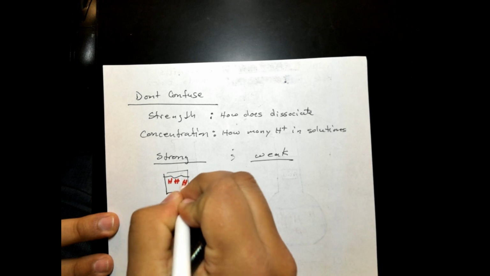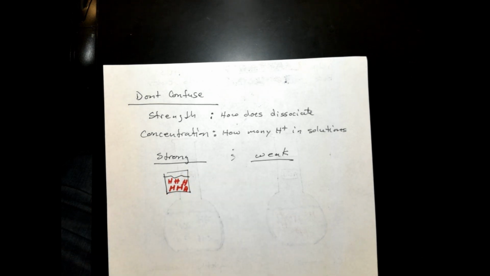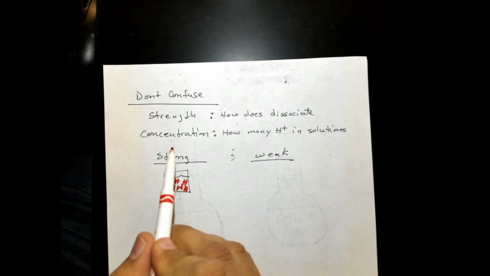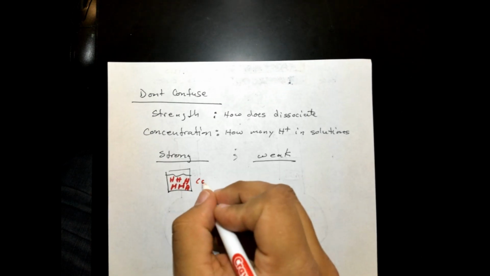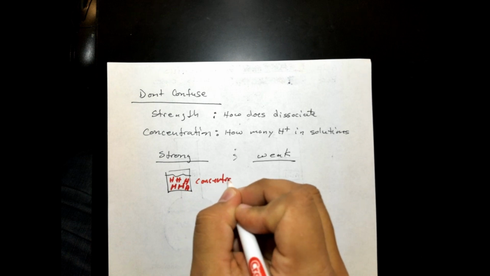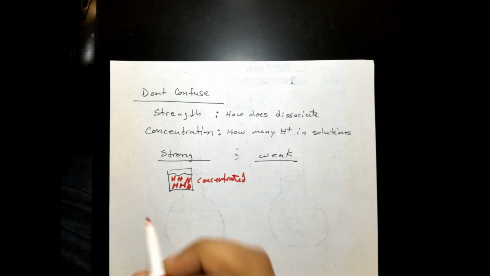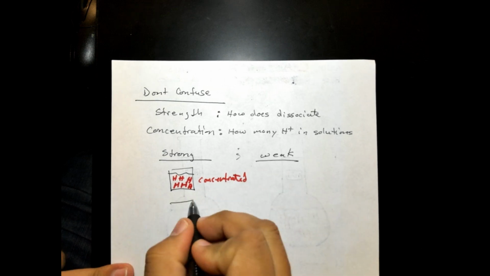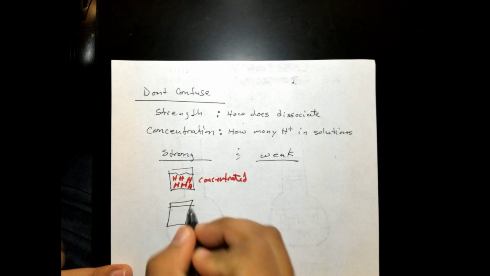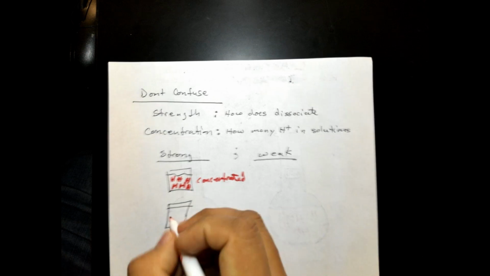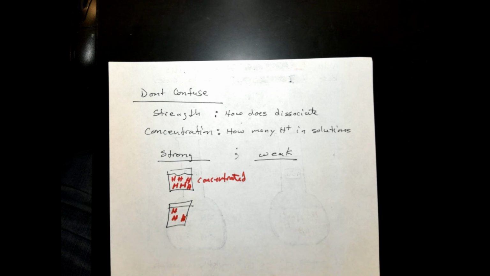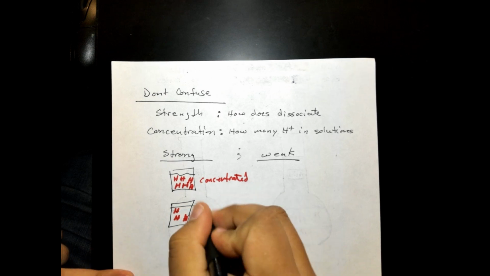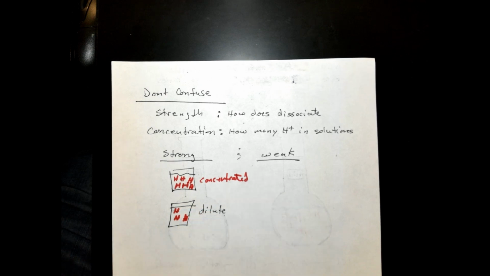Well, when we talk about concentration, we would call this guy with a bunch of H's concentrated. But you could also have a solution where it's a strong acid, it completely dissociates, but there's only a little bit of H's in solution. It has a lot of water in it, right? This is what we would call dilute. So that's with strong acids.